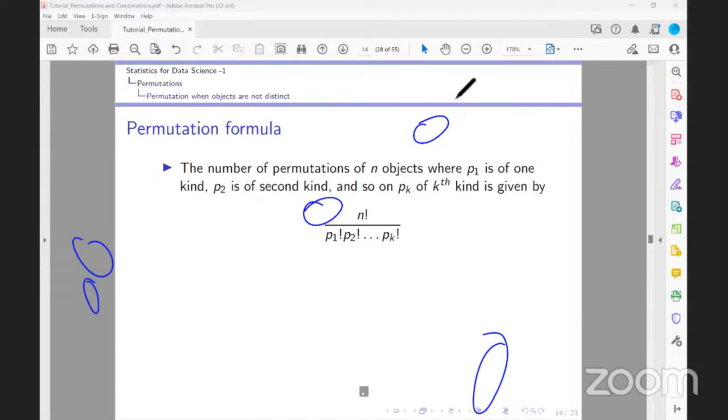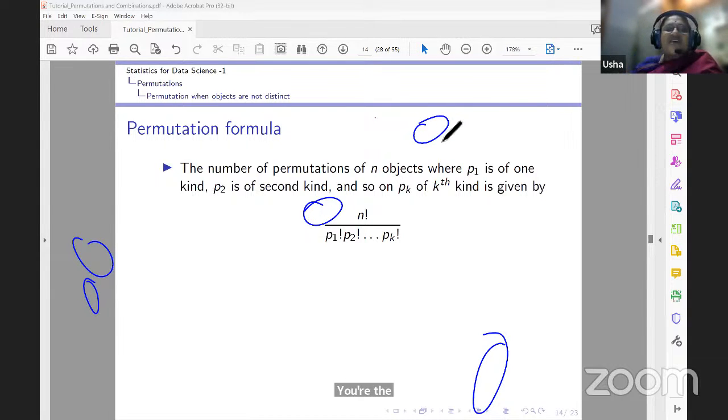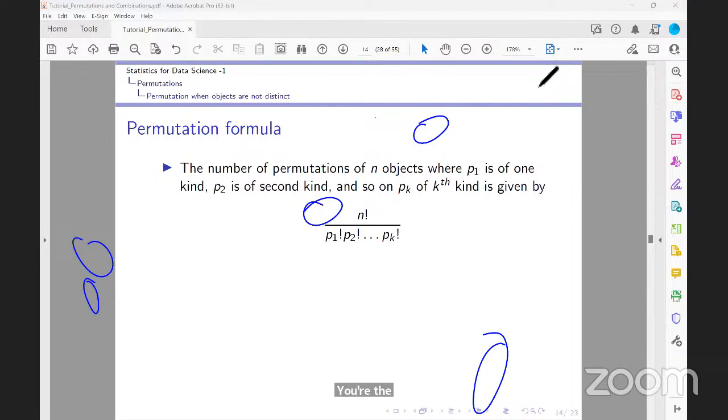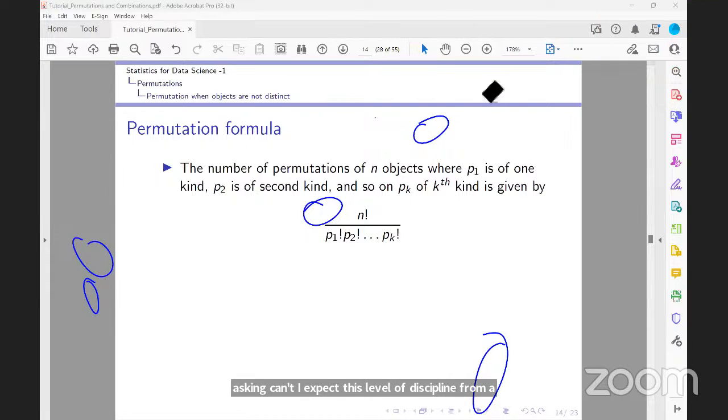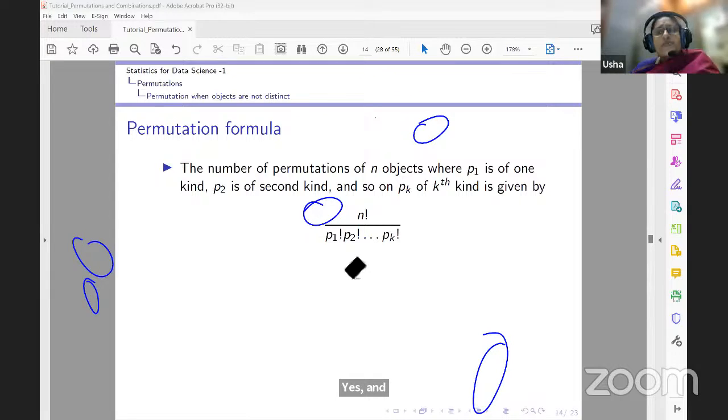Ma'am, there is an option to disable annotation. That is not acceptable. That's what I'm trying to say. Why should I do that? I'm just asking, can't I expect this level of discipline from an IIT student? Is it too much to expect? No, ma'am.